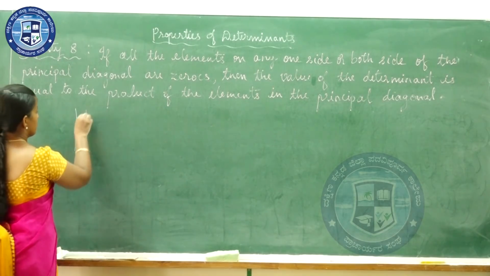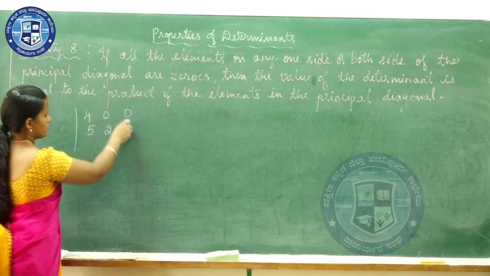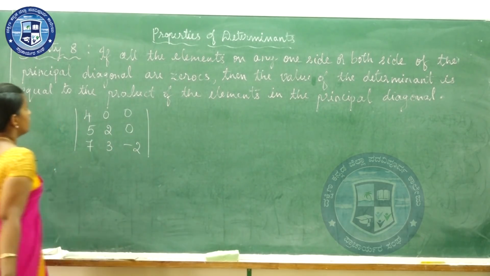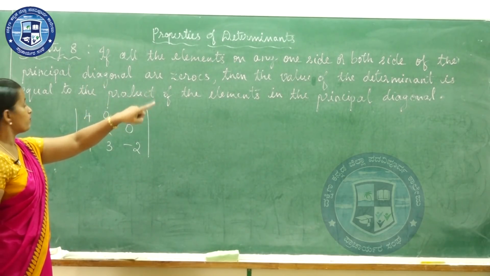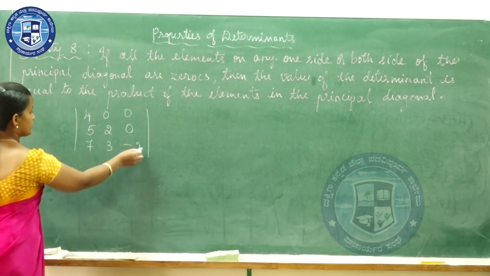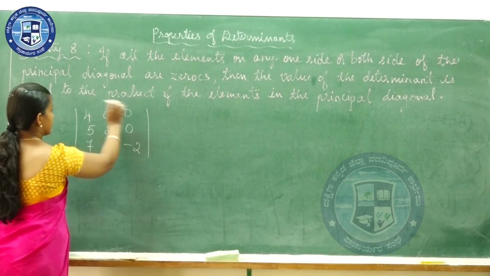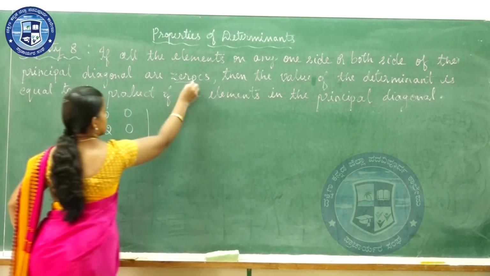Consider the determinant 4, 0, 0, 5, 2, 0, 7, 3, minus 2. If all the elements on any one side or both sides of the principal diagonal, so this is the principal diagonal, I have considered the elements on one side, that is the upper side. All the elements in the upper side are zeros here.